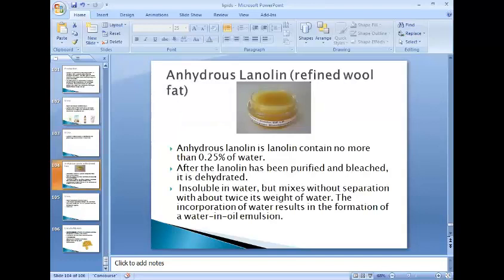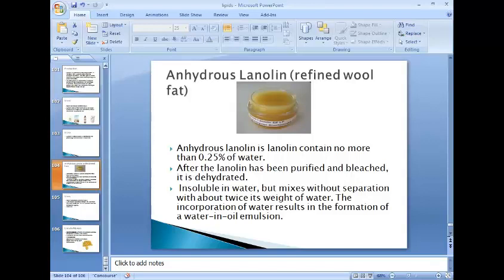It has other related products, that is anhydrous lanolin, which is also called refined wool fat. The anhydrous lanolin is lanolin that contains not more than 0.25% of water, and it is obtained when the lanolin is purified and bleached, so it is dehydrated.